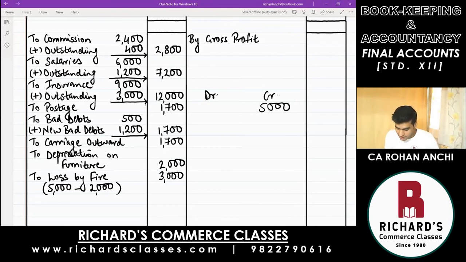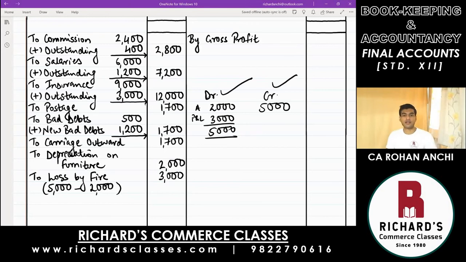One on the asset side, you have recorded 2,000 rupees. Asset side is also debit side in the balance sheet. And one effect in the debit side of P&L account, you have recorded 3,000 rupees. So totally, you have recorded 5,000 on the debit and 5,000 on the credit, and which is why our transaction is complete. Debit and credit should be of the same amount. And we have done that.